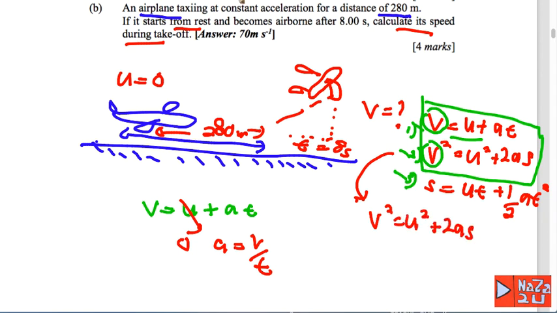So you can compare the two equations here. Here u also starts from 0, so we have v squared is equal to 2as. So now a is equal to v squared divided by 2s, right, 2s.